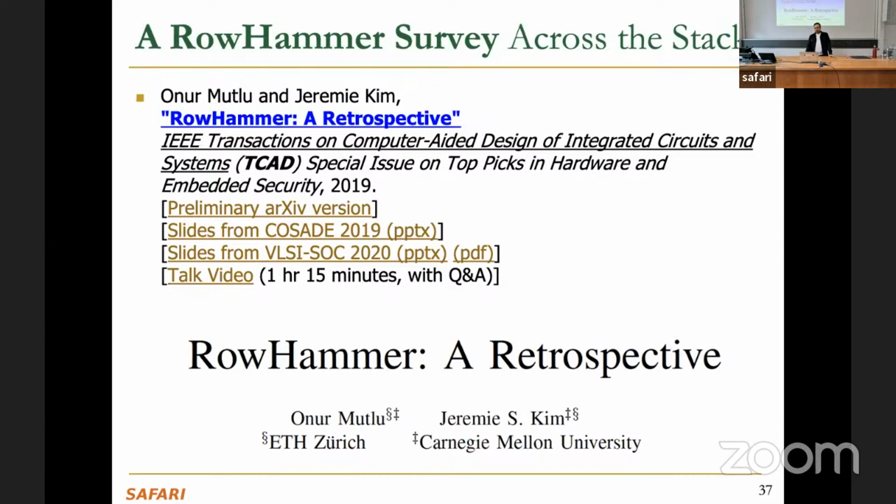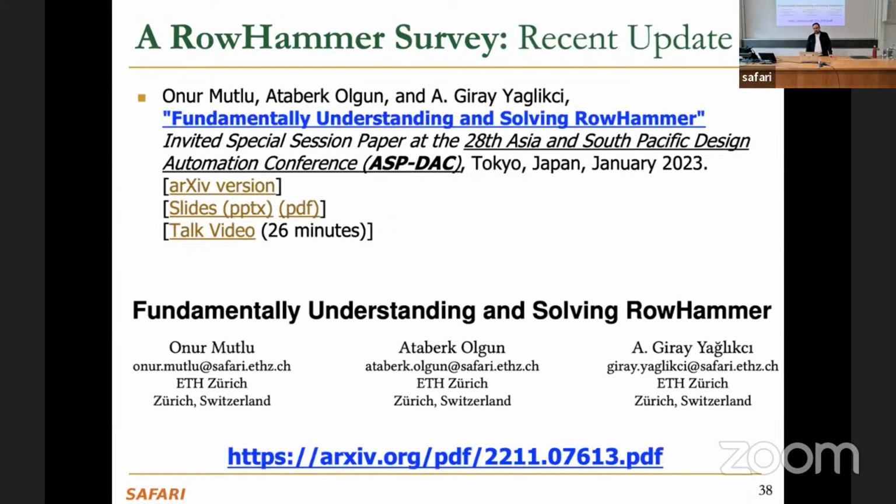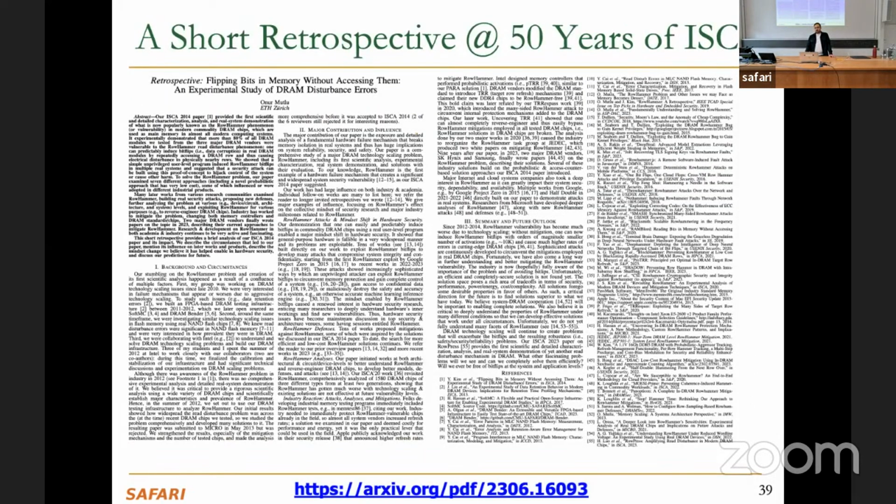future-looking papers as well, that show the current and future problems and what research problems to work on. So this is one of them, a retrospective paper from 2019. There is an updated version of this that we published in 2023. And another very short retrospective paper that is invited to the 50th year anniversary of the ISCA conference.